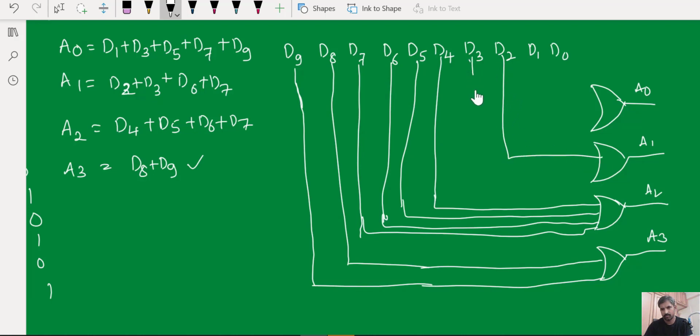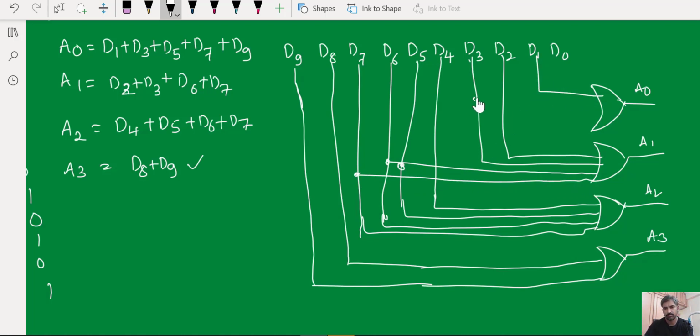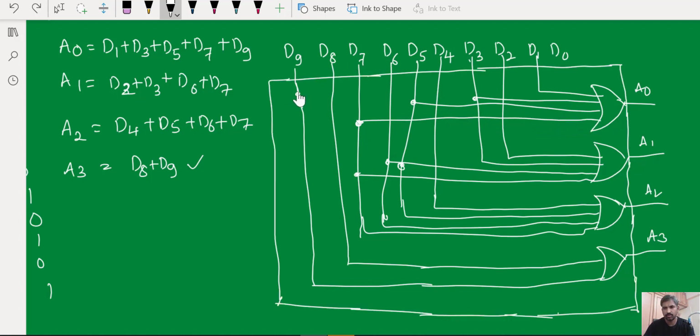Then 1, 3, 5 and 7, and there is one more input, that is 9.